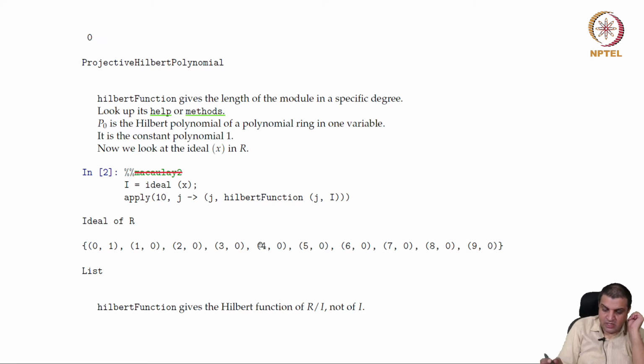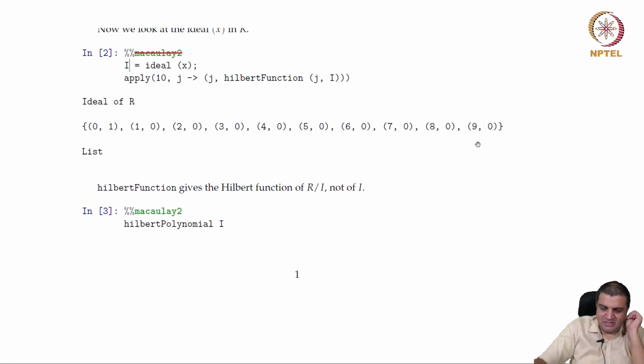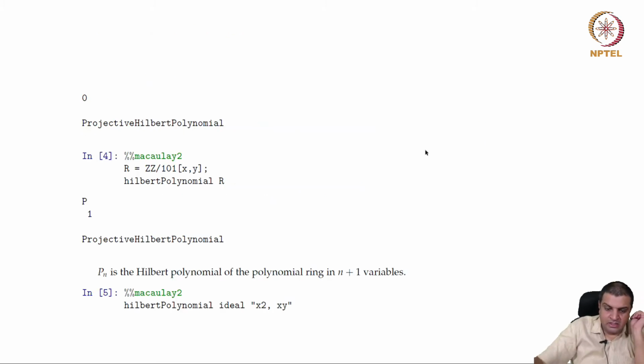It prints zeros. So actually it is not the Hilbert function of I, it is the Hilbert function of the quotient that it is printing. Please remember this. We ask for its Hilbert polynomial, and it prints 0, a projective Hilbert polynomial. It's the constant polynomial 0, again of the quotient.